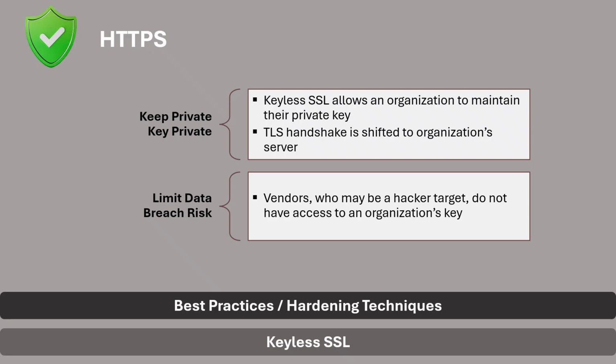This approach allows organizations to keep their private key secure and not share it outside of their own infrastructure. Communications between the vendor and the organization occur within an authenticated and encrypted TLS tunnel.